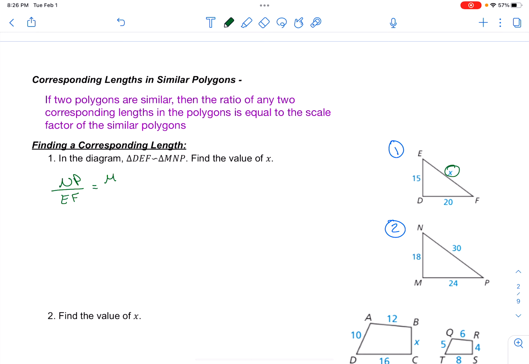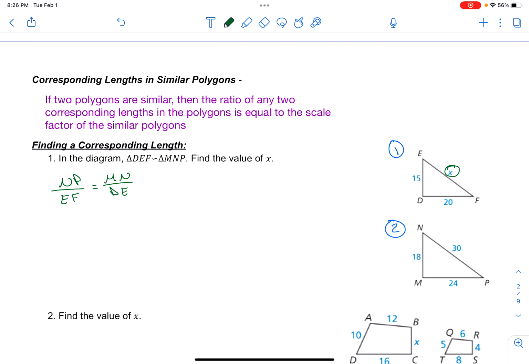So MN over DE. Remember, all of our sides are going to have the same proportion. They're all going to have that same fraction statement, which is why we can say NP over EF equals MN over DE, because they're going to equal the same ratio.